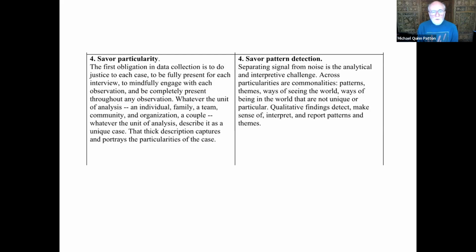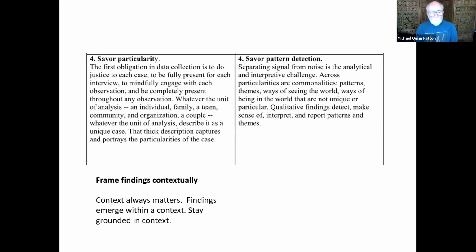That thick description captures and portrays the particularities of the case. At the same time, we do pattern detection. Separating signal from noise is the analytical and interpretive challenge. Across particularities are commonalities, patterns, themes, ways of seeing the world, ways of being in the world that are not unique or particular. Qualitative findings detect, make sense of, interpret, and report patterns and themes.